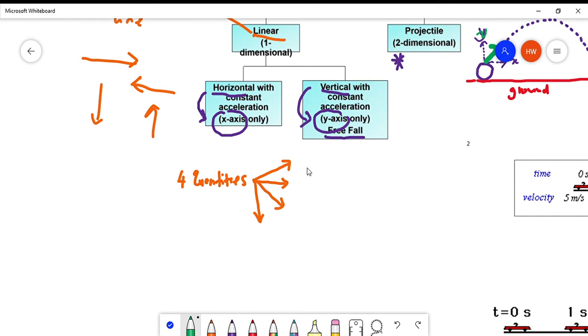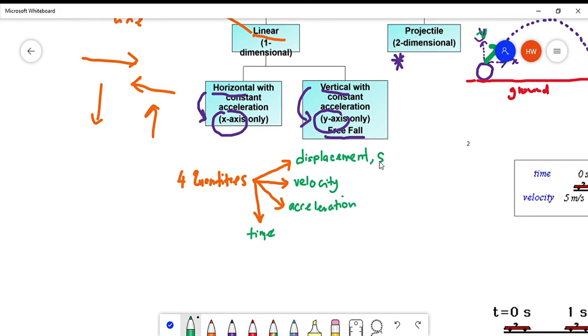So I will go through them one by one. Displacement is the most important one when describing a motion. The second is velocity. The third is acceleration. The last is time. These are the four quantities needed in describing a motion.